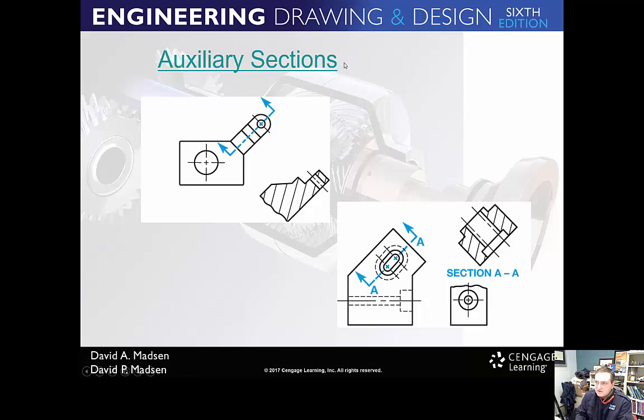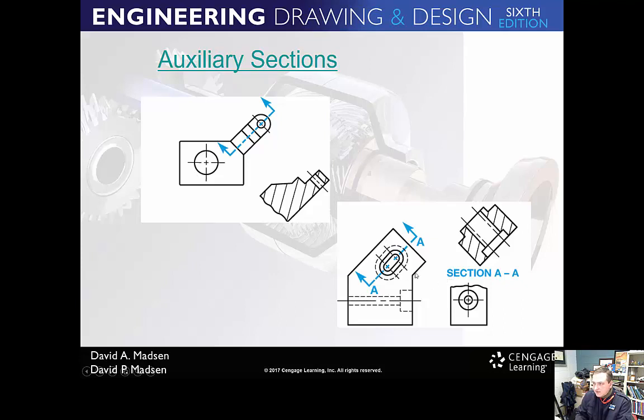Okay, so this is an auxiliary section, and basically it's not parallel to any of my other drawing planes. So I go at the angle, and then my view is parallel with my viewing plane line or cutting plane line. Okay, and the same thing down here.